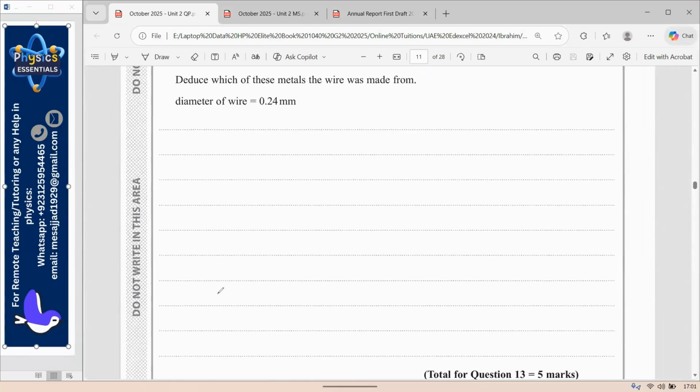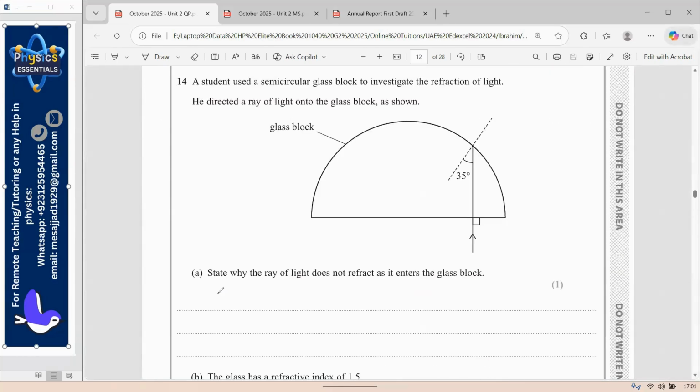Okay. Question number 14. A student used a semicircular glass block to investigate the refraction of light. He directed a ray of light onto the glass block as shown. State why the ray of light does not refract as it enters the glass block. Because it is entering along the normal line. If you can see that the normal, if drawn here, is like this, and the ray of light is also entering along the normal.